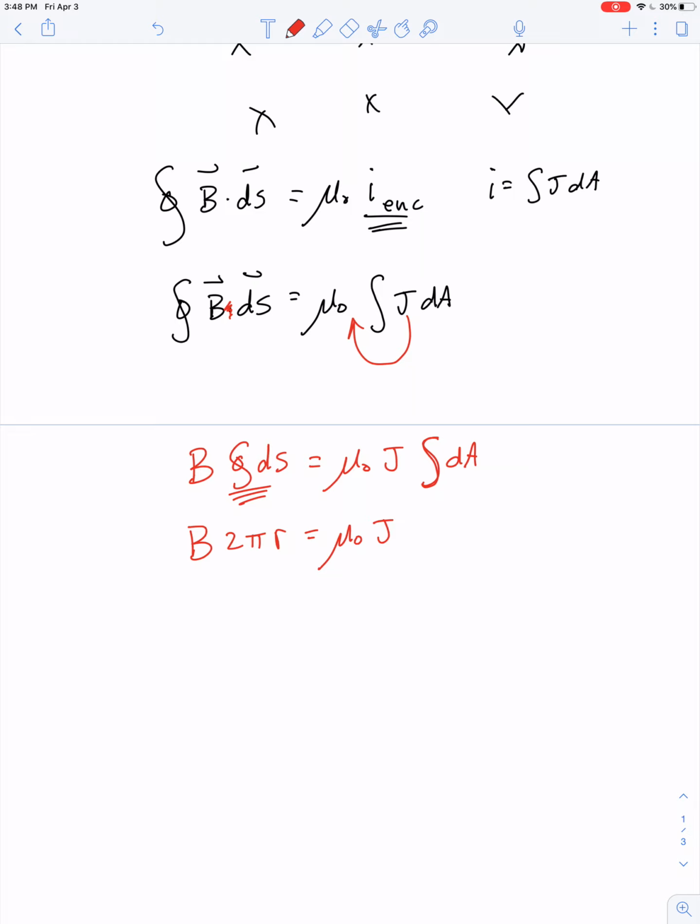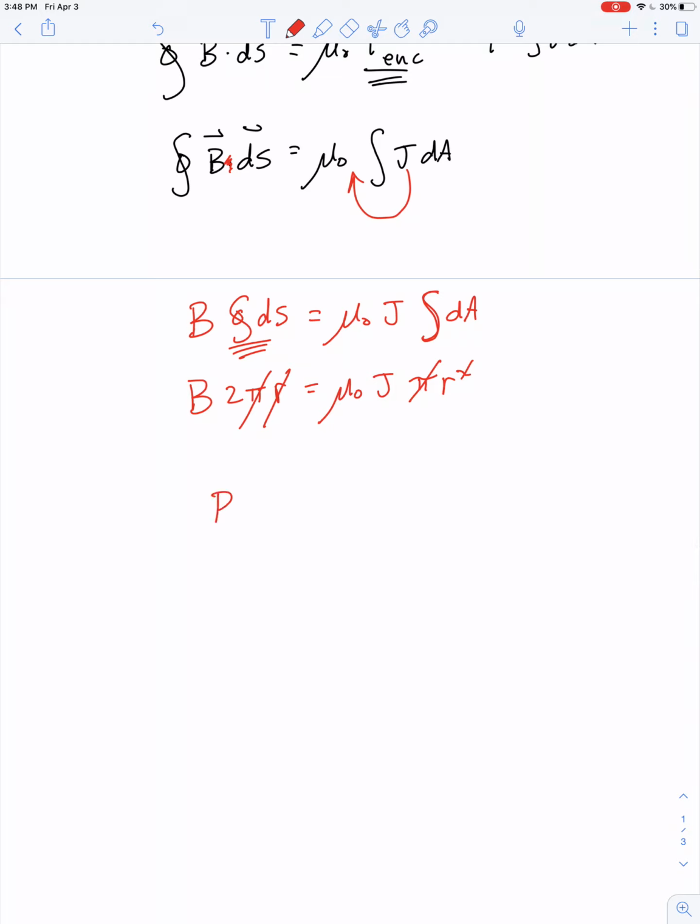So this gives us pi times little r squared. So we can cancel out the pi. We can even cancel out one of the r's, and we get B is equal to mu naught times J, the current density, divided by 2. So we've got the mu naught, the J, divided by 2, and then we're left with r.